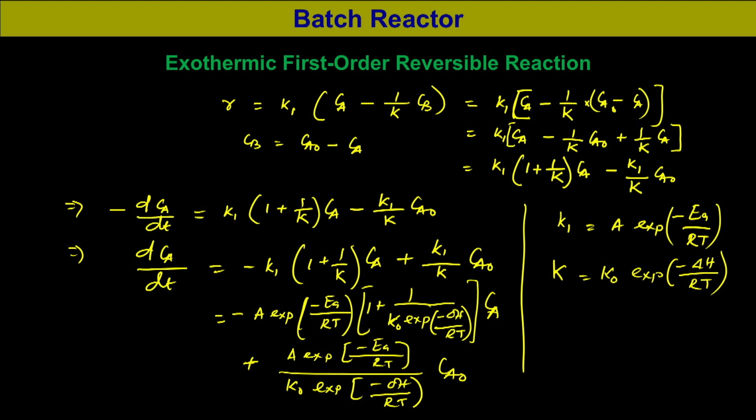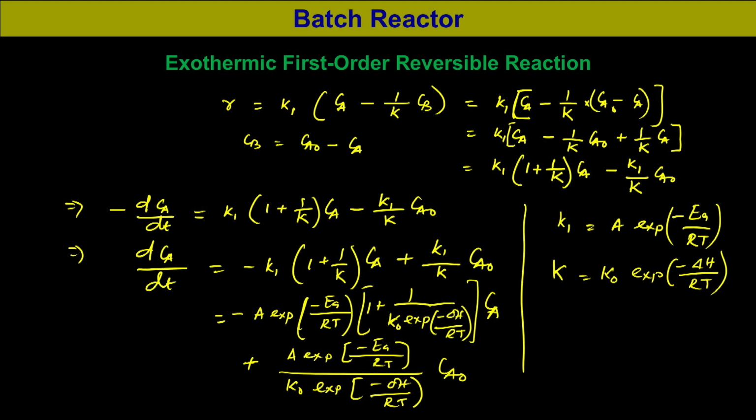Now, if we write R is equal to minus dCA dt, which is equal to K1 into 1 plus 1 by K into Ca minus K1 by K Ca naught.